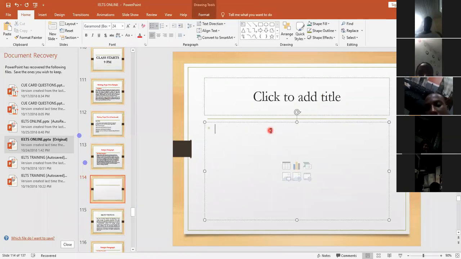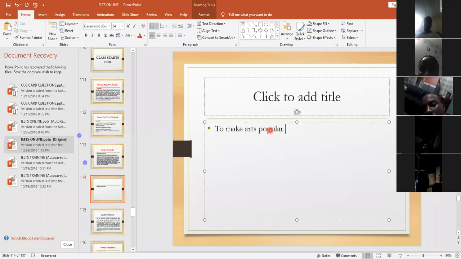To make art popular again, because the question was insinuating that art was previously popular, but there is a kind of shift whereby people now embrace business, science and technology more than art.